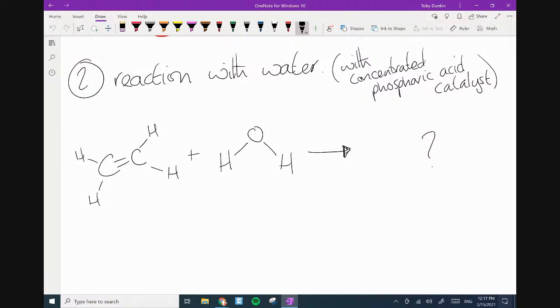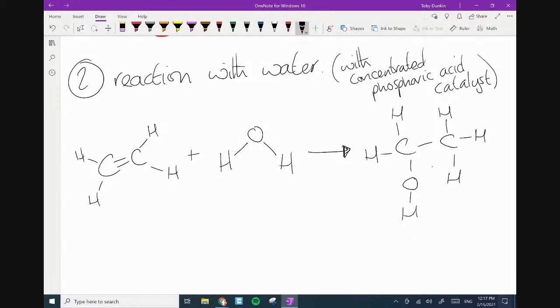Okay, so let's do it out. We've now got this guy, and we're forming ethanol.